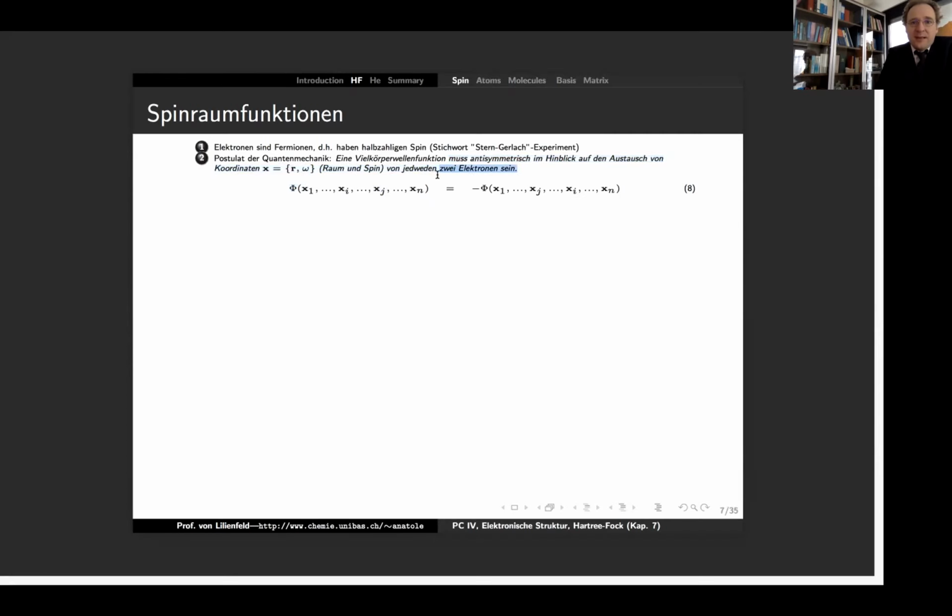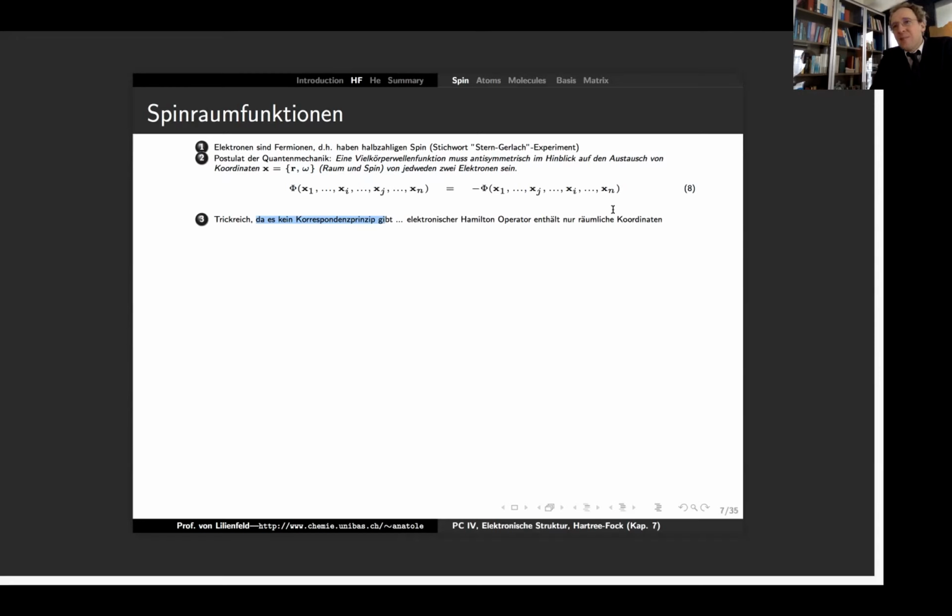So that's written here. You're flipping now x_i and x_j, and then this has to induce this change. And this is a tricky thing because there's no correspondence principle for spin, so we don't have an operator for this. The electronic Hamilton operator does not contain spin.